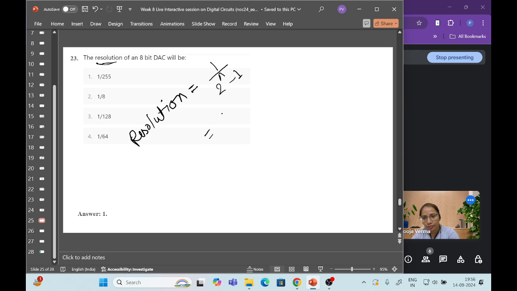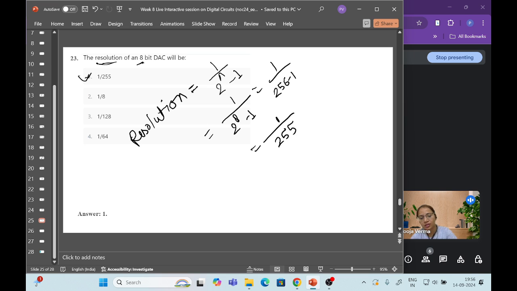Here n is 8 bit, so 2 to the power 8 minus 1, that is 256 minus 1, that is 1 by 255. This is the formula of resolution, 2 to the power n minus 1. So option 1 is the correct answer for this question.